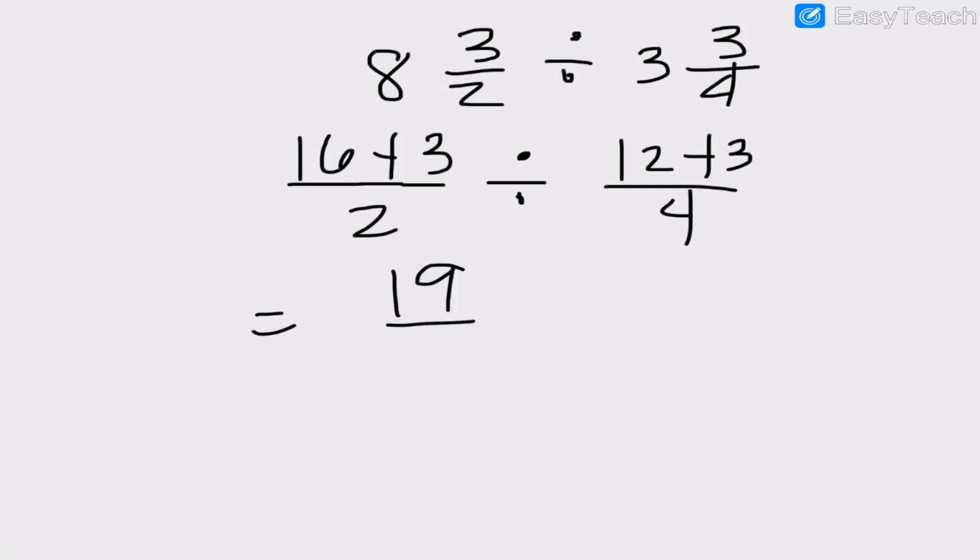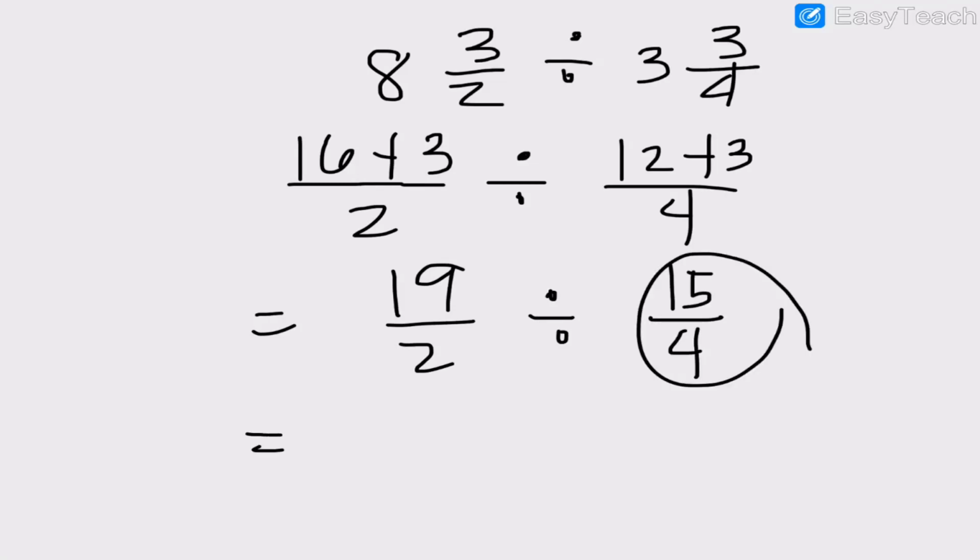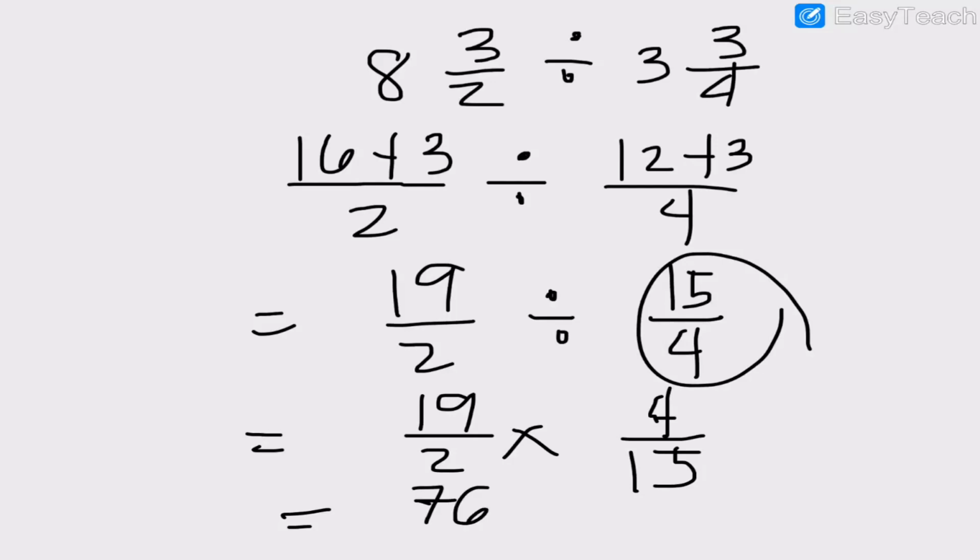Therefore, this would be 19 over 2 divided by 15 over 4. We reciprocate the second fraction. This would be 19 over 2 multiplied by 4 over 15. And so 19 times 4 is 76, and 2 times 15 is 30. Therefore, the final answer is 76 over 30.